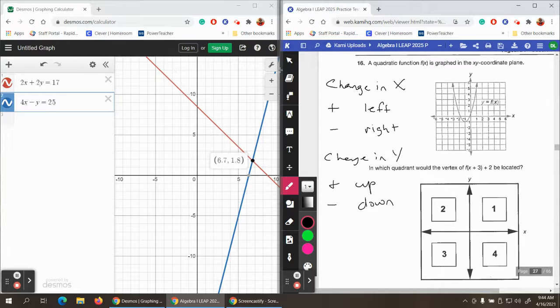So if you understand the math facts, a change in x, I'm going plus, which means to the left 3, and then I'm going plus 2, that's your y, which is up 2. So I'll go from here, going 1, 2, and then 1, 2, 3. That would be here, which is in the second quadrant, meaning the second quadrant is your answer.